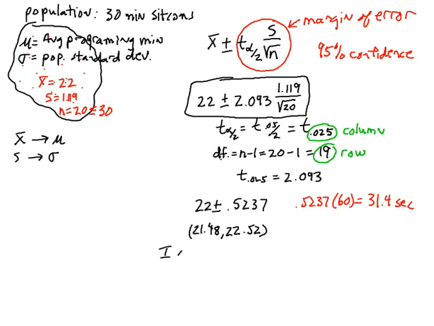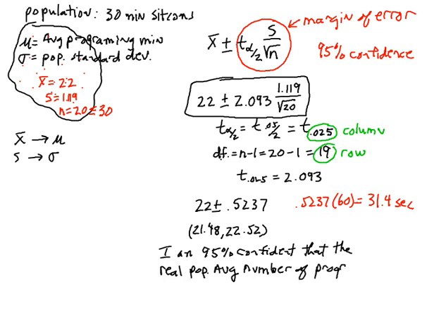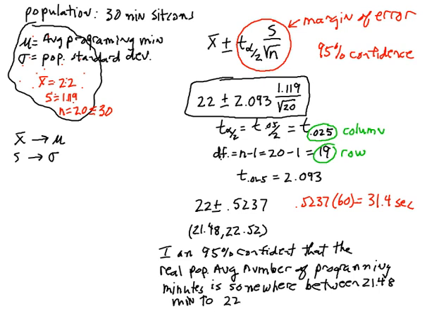So I am 95% confident that the real population average number of programming minutes is somewhere between 21.48 minutes, or I suppose you could say just 21.5 minutes, to 22.52 minutes.